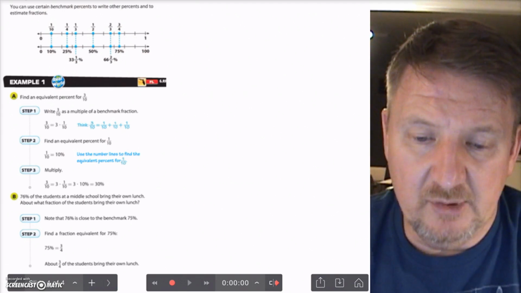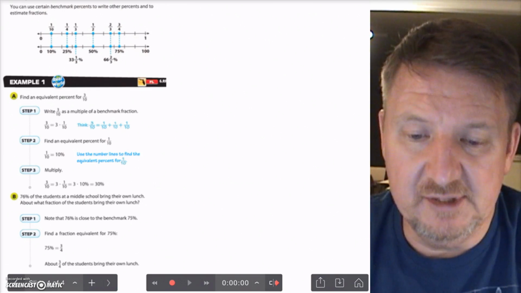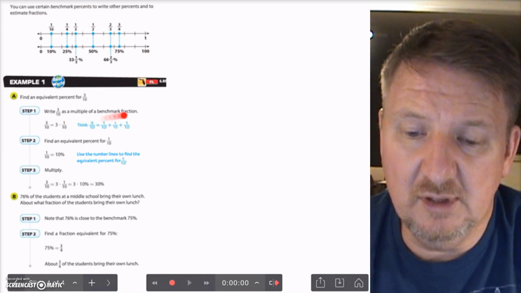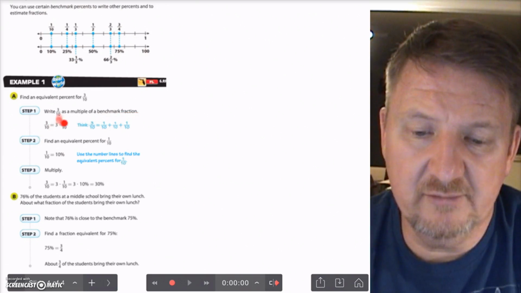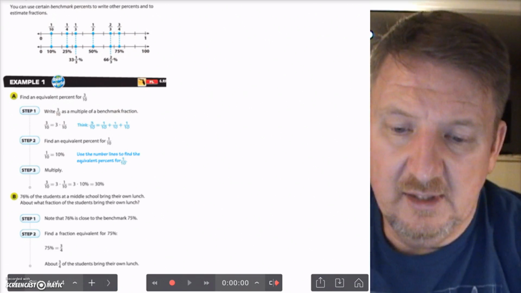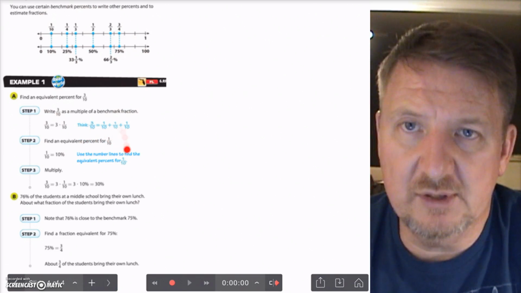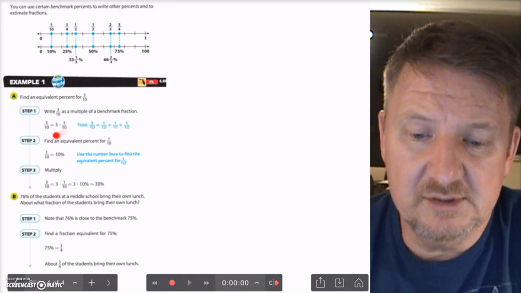So in the next example it says find an equivalent percent for 3/10. What it tells you to do is write 3/10 as a multiple of a benchmark fraction. Think 3/10 is the same as saying 1/10 plus 1/10 plus 1/10. Well, you can simplify that by saying 3 times 1/10.